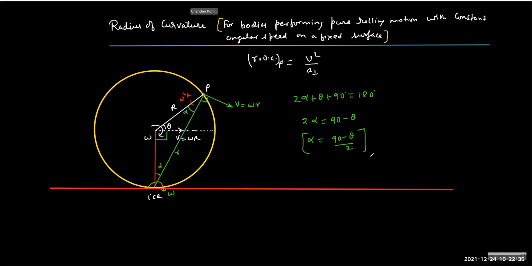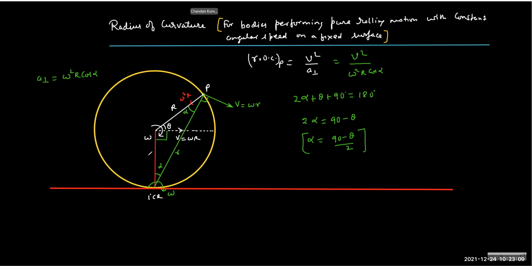Well, that's okay. This is actually not required, but we can write something very interesting and nice here. I can write a perpendicular as omega square r cos alpha, correct? What is a perpendicular? Omega square r cos alpha. I hope this is clear. Yes, sir.